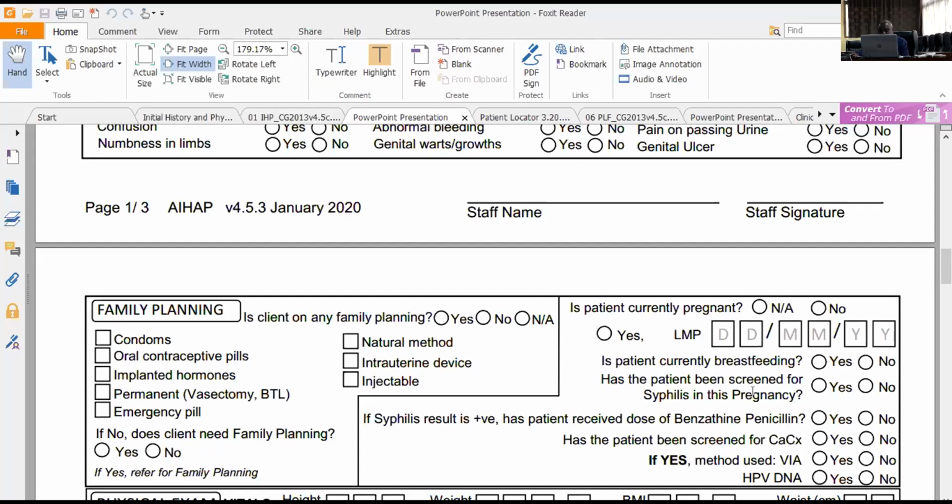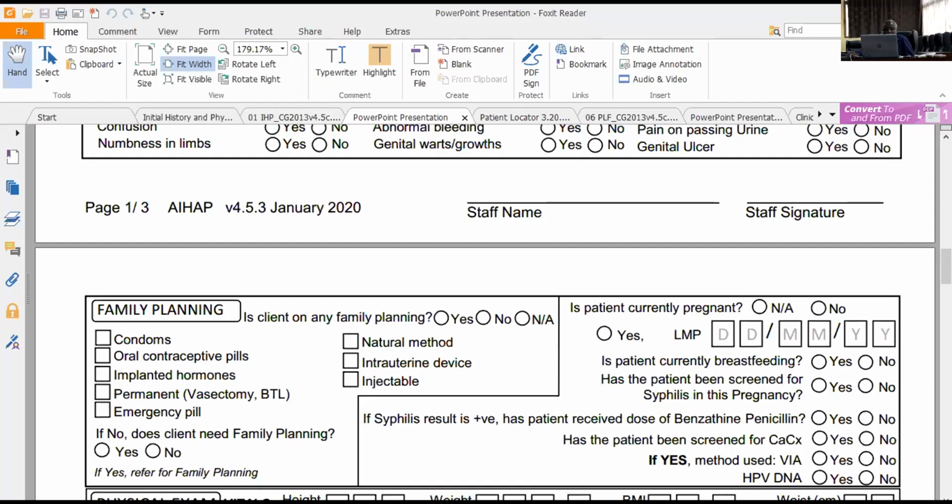Have the major things been done, like syphilis screening? And if it's positive, has the ritapen or benzathine penicillin been given? Then we also screen for cervical cancer. All along we have had the VIA, but here we have included the HPV DNA as a method of screening for cervical cancer.